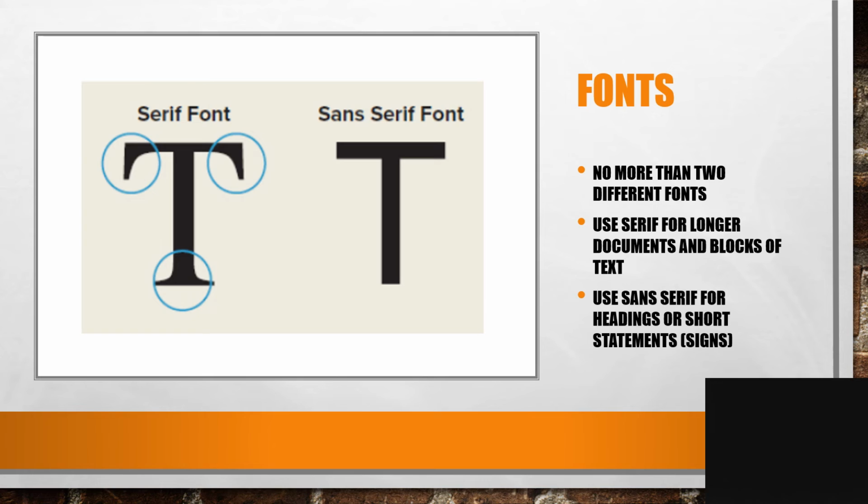The foot actually serves a purpose. It makes it easier for the eyes to transition from letter to letter, and it's best for long documents because it reduces eye fatigue. The sans serif fonts, on the other hand, don't have a foot and are good for headings and posters that need a nice, clean, crisp look and don't require the audience to focus on it for very long.